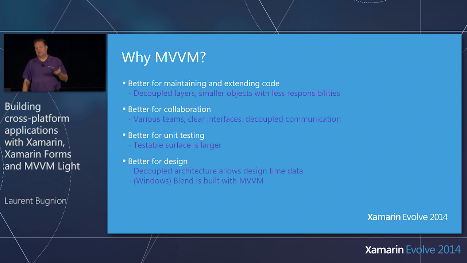It is also, of course, better for collaboration because your teams are going to be able to work quite independently on each layer, and they are going to be able to collaborate using some clearly defined interfaces. Also, it is better for unit testing because the view model layer that we saw before is unit testable. In most cases, you can write unit tests against that. This is absolutely doable. And so you increase the surface of your application, which can be unit tested.